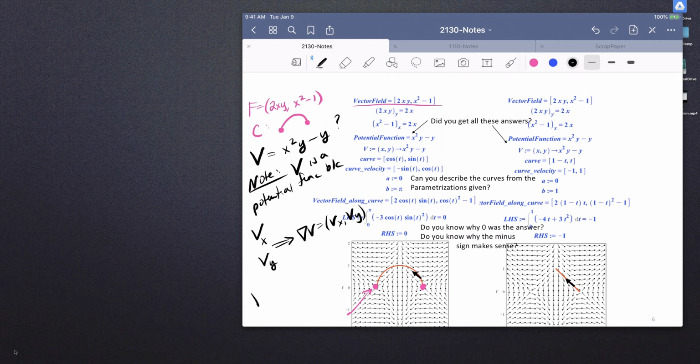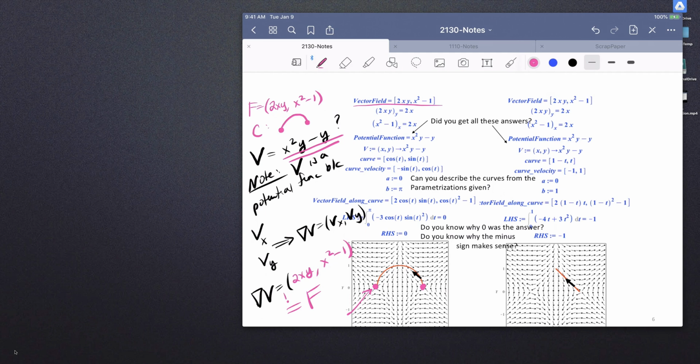The partial derivative of V with respect to x is equal to 2xy. The partial of that same function V with respect to y is equal to x squared minus 1, which is in fact the vector field F.